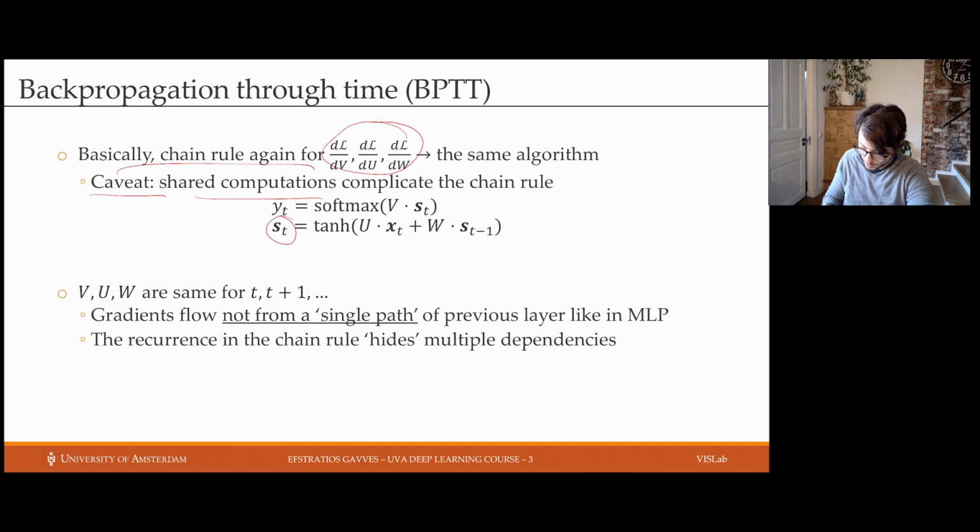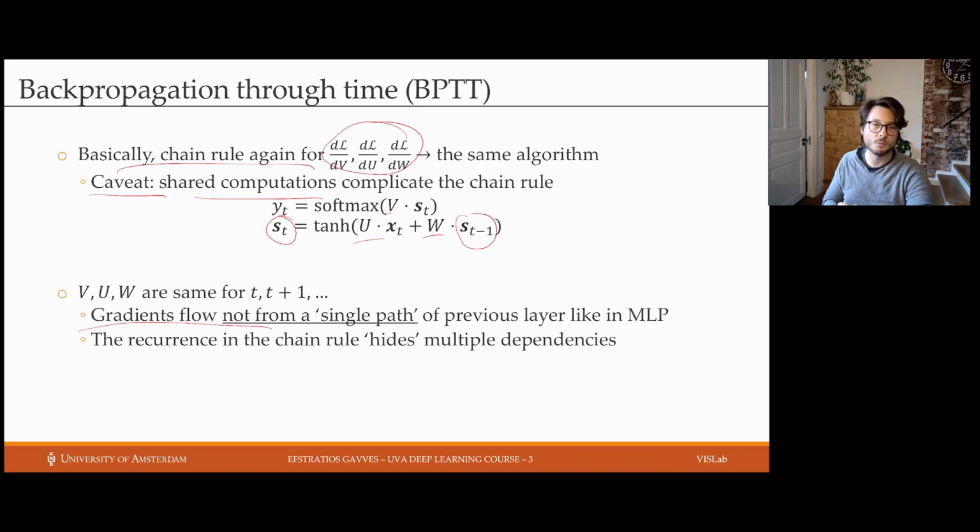This recurrency together with the shared parameterization means that we have to take some extra factors into account. Specifically, the gradients, as we'll see soon, do not flow from a single path like in MLP. In MLPs, you still have indirect dependencies across layers. However, as we'll see now, when it comes to backpropagation through time, the dependencies are more direct and explicit.